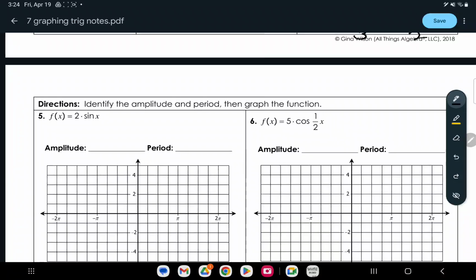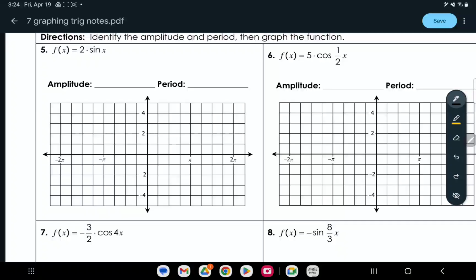Alright, so let's try and graph one. Well, actually we'll graph all of them, but alright, so the amplitude is 2, and the period is 2 pi.